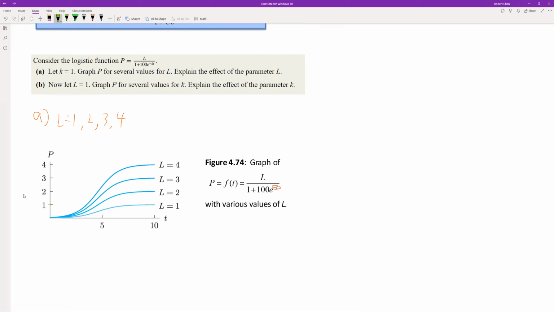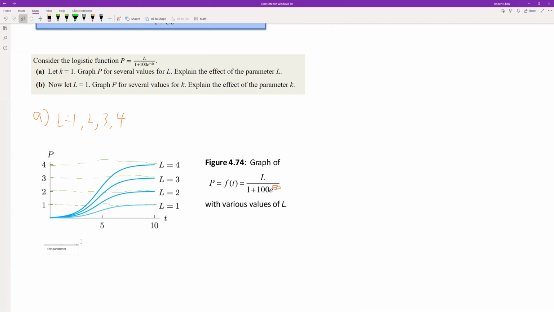When L is 1, we have this line right here, and when L is 2, we can draw lines like this. The value of L actually determines the upper bound for the function. Let's write it out.